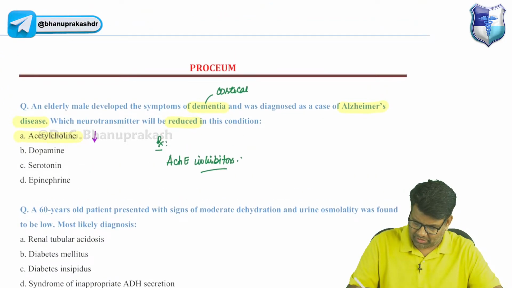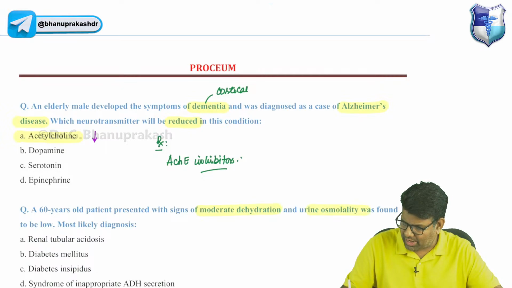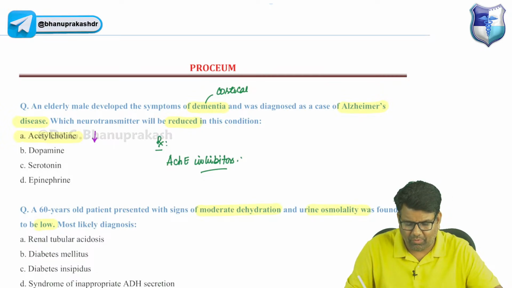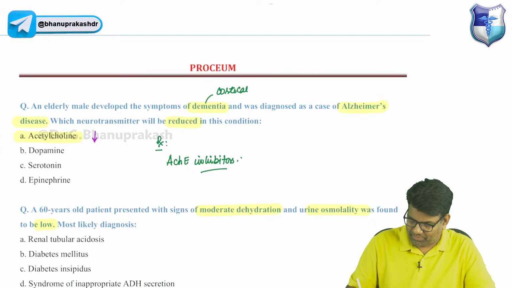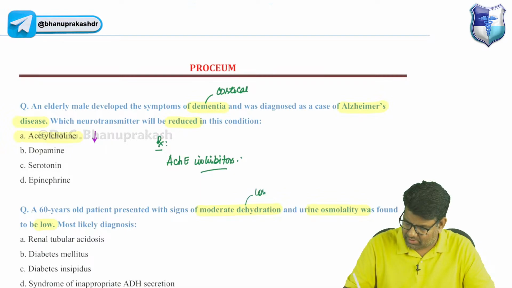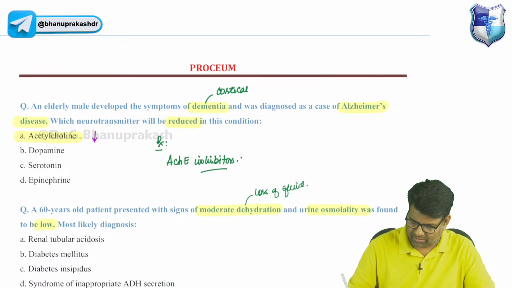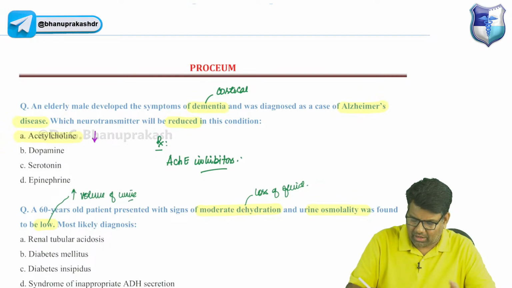Now, next question. The patient has moderate dehydration and urine osmolality is low. What can be the diagnosis? No problem, Rinkesh. Don't mix up in the exam, please. Dehydration means there is loss of fluid from the body, and here there is low osmolality, which means increased volume of urine.